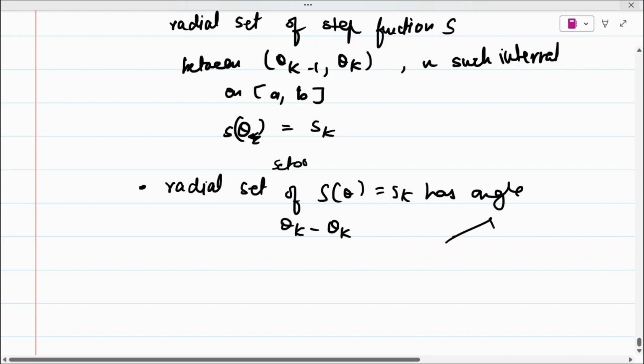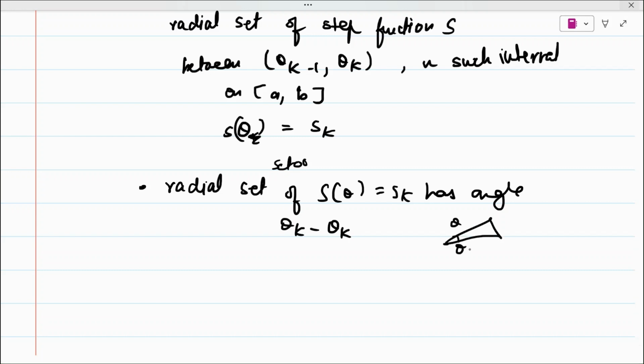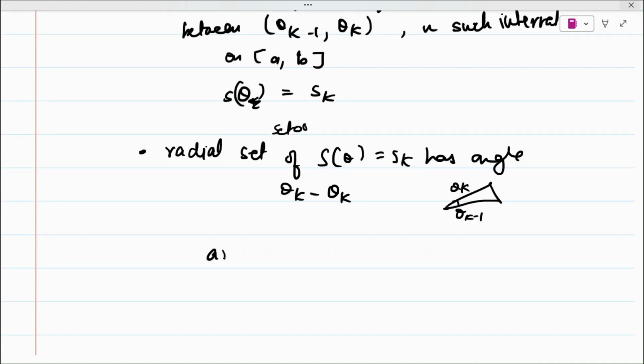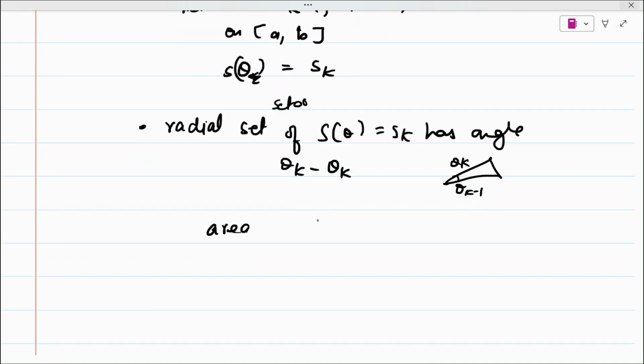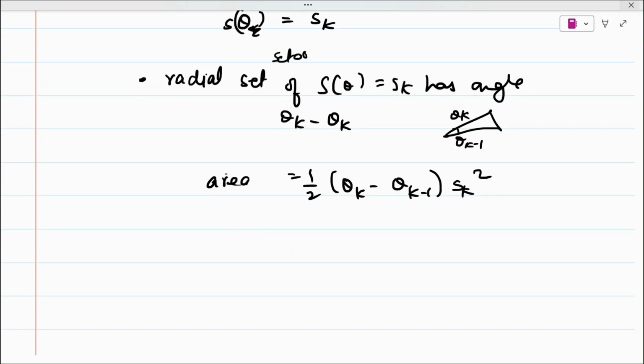This sector has the area half times theta k minus theta k minus 1 times s_k squared, by the definition of a sector.